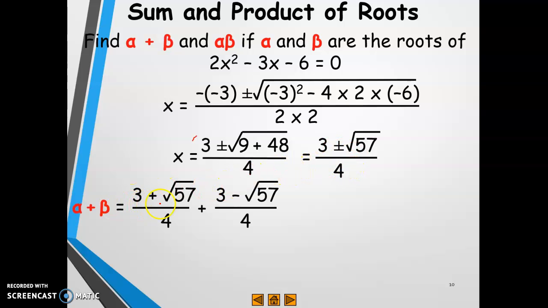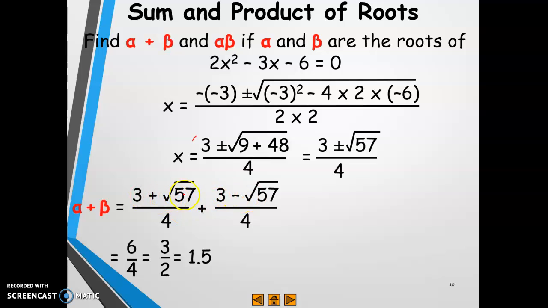So to get the sum, we add them: 3 plus the square root of 57 over 4, and the other one is 3 minus the square root of 57 over 4. When you add similar fractions, you just combine the numerators and copy the denominator.